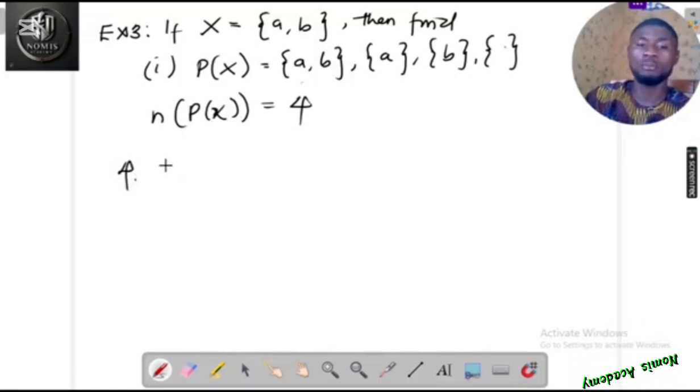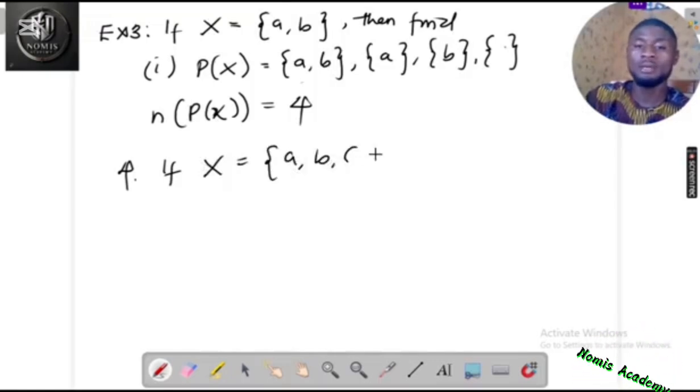Example number 4. This time around, X has A, B, and C as the elements. So let us find the subsets.